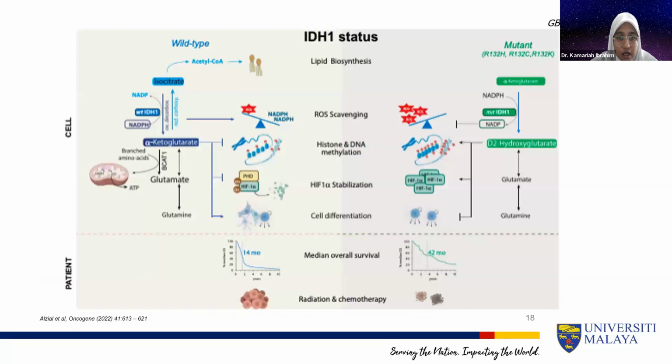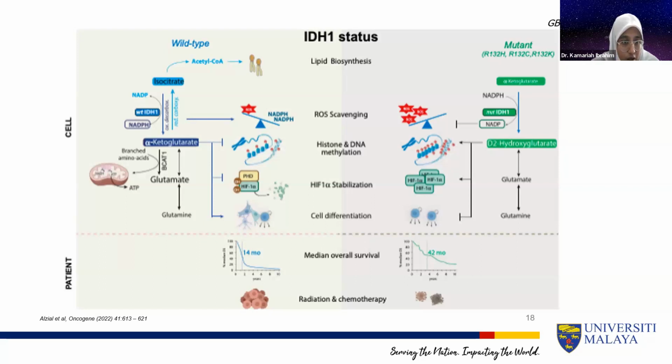Okay, so you can see why the IDH mutant responds better than the IDH wild type GBM cells. It is because the IDH mutant is much more sensitive towards treatment, because of the vulnerability of the GBM genome itself.